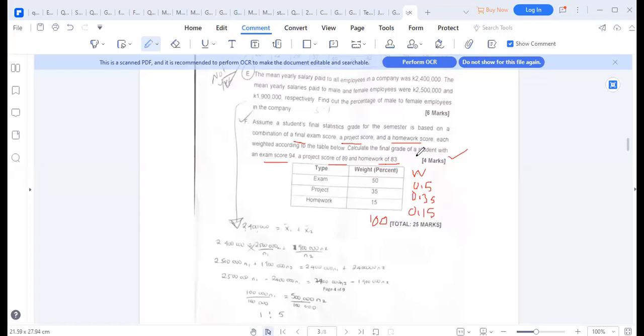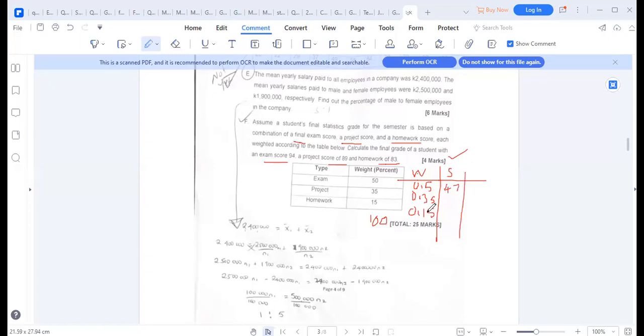So the score that we have here, we have 0.5 times the exam, which was 94. So 0.5 times 94, we get 47. So you put your 47 there. In actual sense, this is how your CAs are done, or your mark allocation for the final exam.